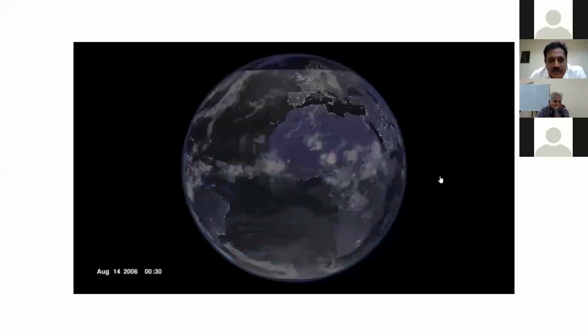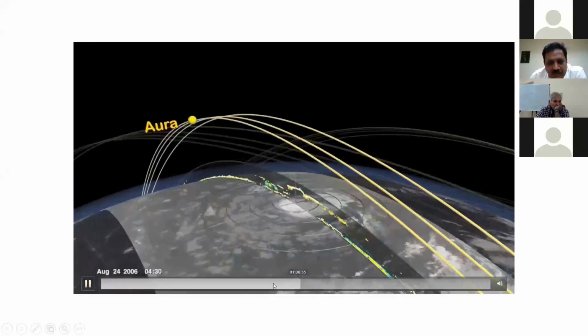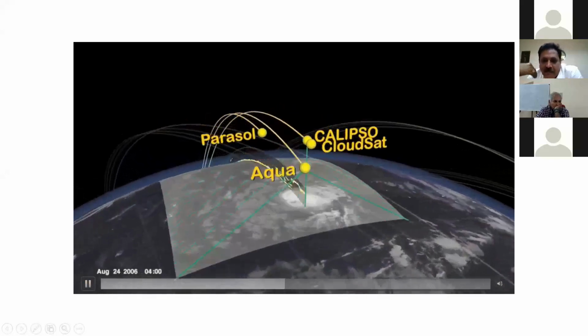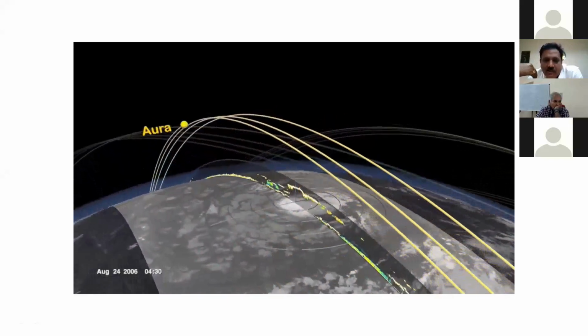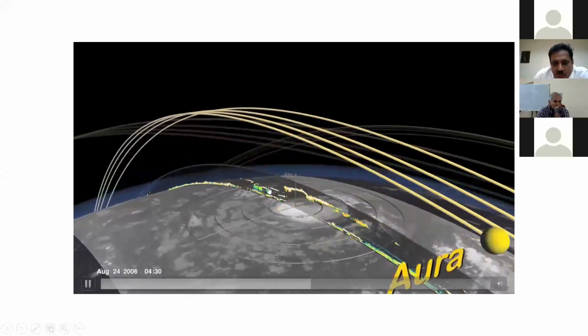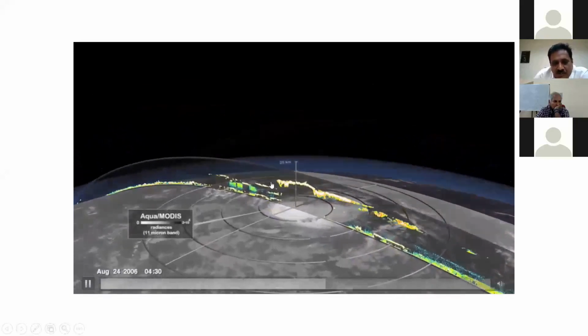This is one such system. You can see there are several satellites passing within a gap of a few minutes. So the advantage of having this chain is that you get this kind of information for the same system, as seen with the different satellites.